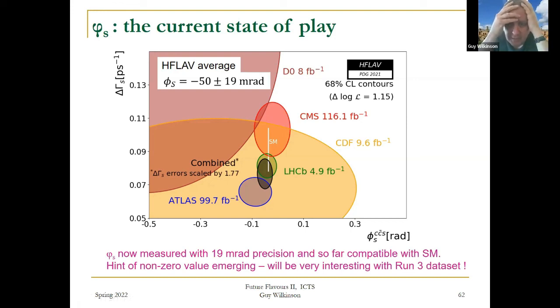But what is interesting in my eyes is that it's 2 sigma away from zero. So we are now starting to see some evidence of a finite value of this very interesting and important parameter. And maybe the value will turn out to be larger than the standard model. So this is something that we should watch very, very carefully.